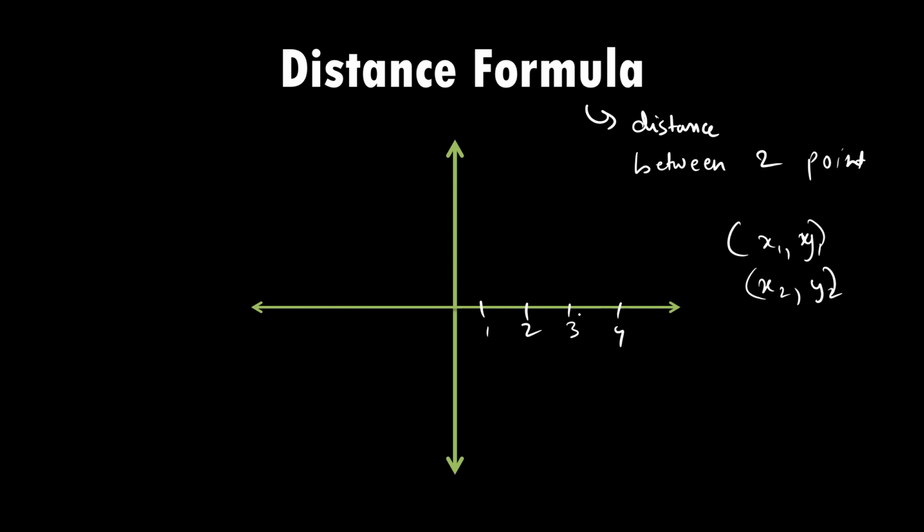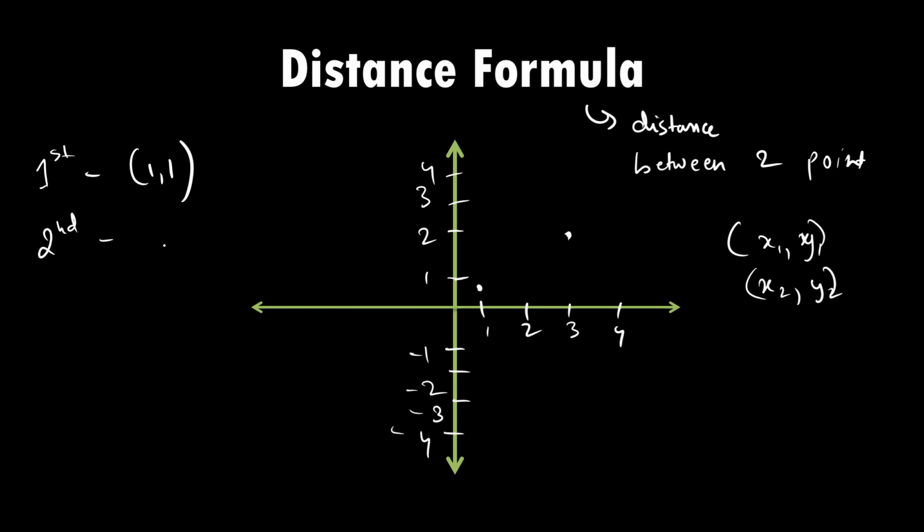So this is 1, 2, 3, 4 and 1, 2, 3, 4 and 1, 2, 3, 4, negative, negative. So the distance between this, let's suppose that the first coordinate is 1, 1, and the second is 3, 2. So we need to find the distance between the two.